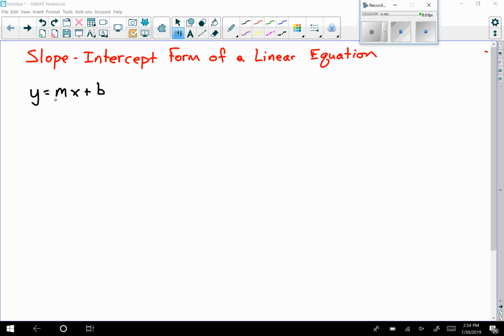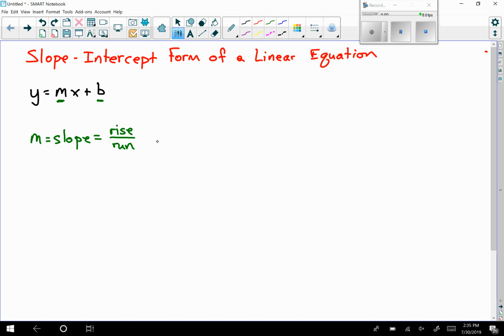So in this case, the m and b are going to be two values that are very important to helping us graph. So slope, which is m, just denoted by m, again means rise over run. And it's just a way to count from point to point to get the slant of a line.